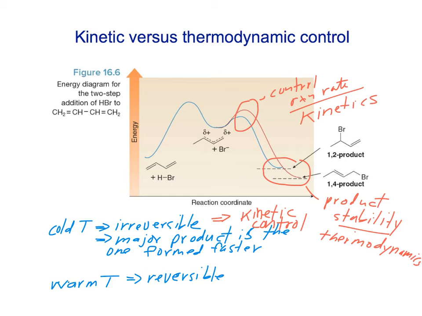And when we're under equilibrium conditions, we just get more of the product which is the most stable. Okay, so we just get the most stable product. So the major product is the most stable one. Okay, this is what we call thermodynamic control.